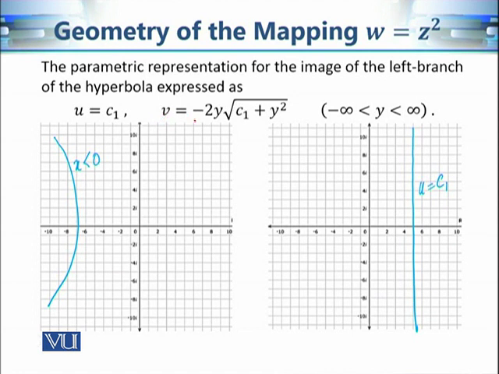In this case, v = −2y√(c1 + y²). We can see that when y is positive, then v is negative. In other words, if we are somewhere over here where y is positive, then v is on the opposite side. And if we travel to negative values of y, then v becomes positive.